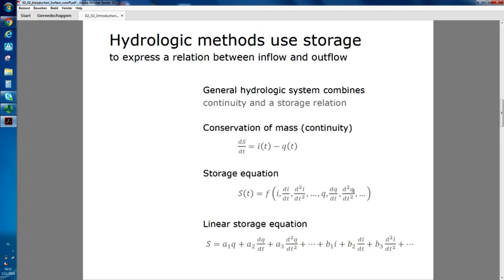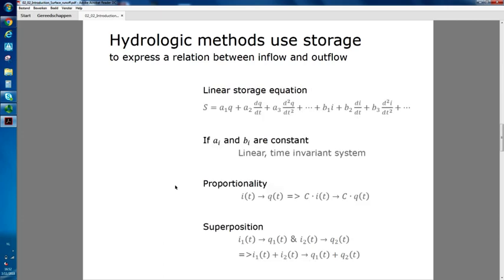If we look at typical linear storage equations, we see that we have just a combination, so a summation of different terms that are also mentioned in the previous equation here, so inflow, outflow, and the derivatives, with just a factor that is used to multiply these terms.